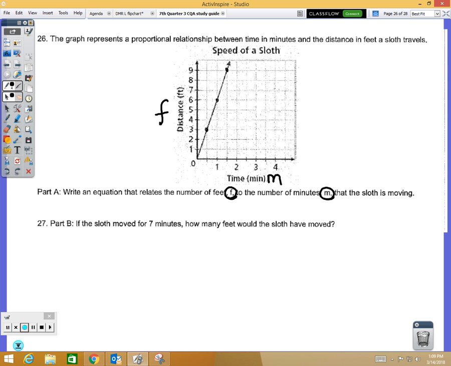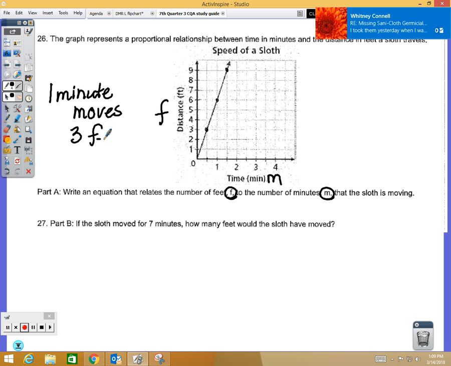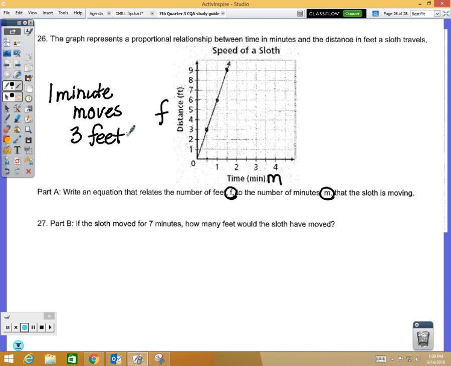All right, so let's look at what this graph means. And you have it in front of you. I know it's kind of small up here. For every 1 minute, how far does it move? In 1 minute, it moves 3 feet. How many would it move in 2 minutes? 6.